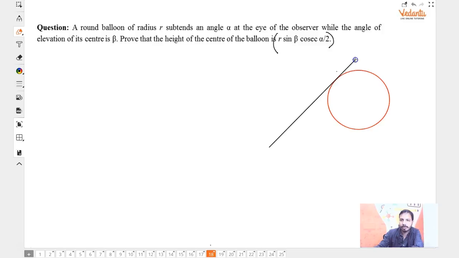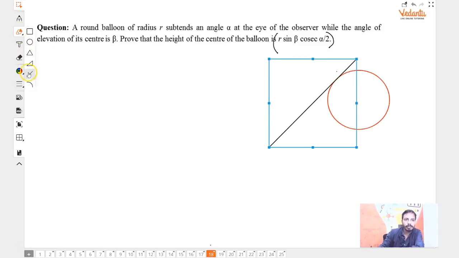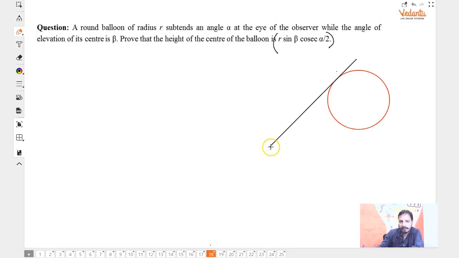What does the observer see? The observer will see something like this. And suppose the ground is of green color. So let me make the ground also. So ground will be somewhere here.